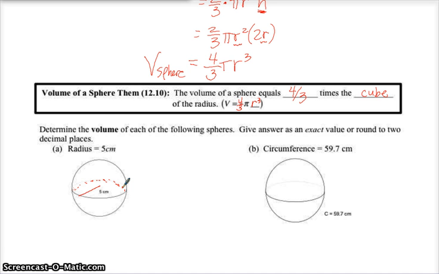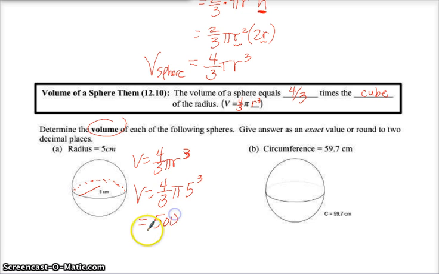So if we're trying to find the volume, well, we just said above that the volume equals 4/3 pi r cubed. So what is r? R is 5. So we're just doing a basic substitution. So 5 cubed is 125. 125 times 4 gives us 500. So we get 500 pi over 3 centimeters cubed.